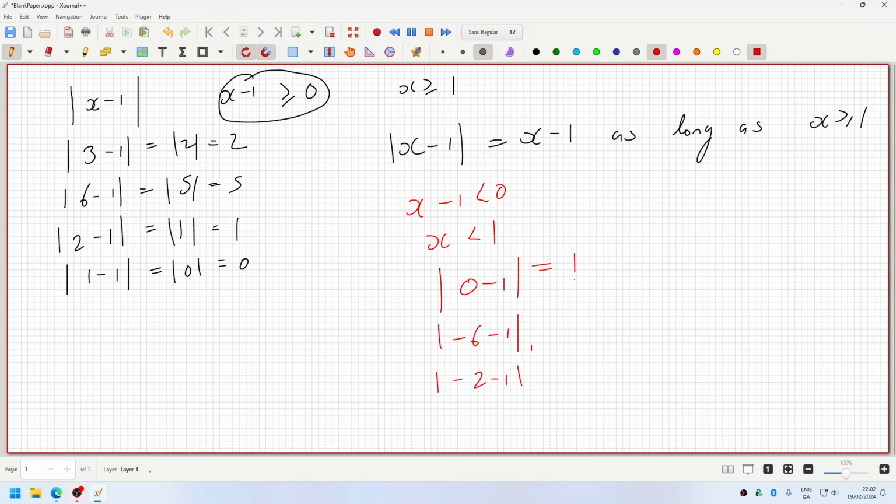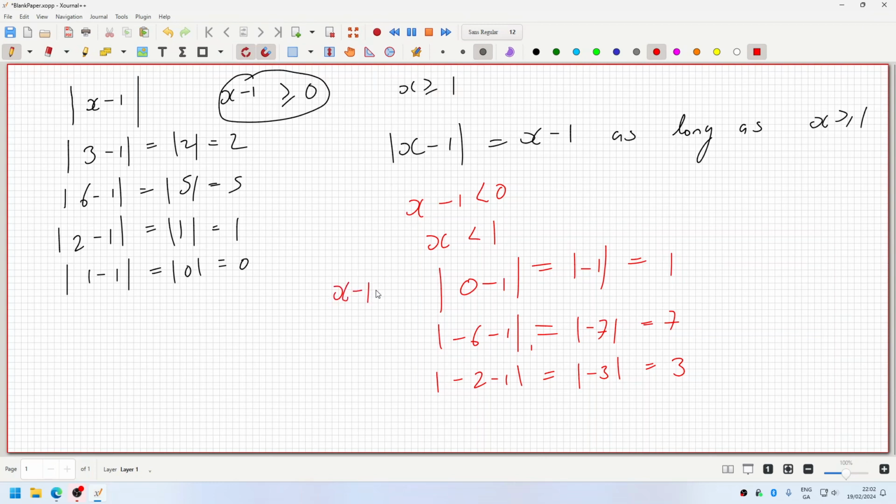That would be the absolute of minus 1. That would be the absolute of minus 7. And that would be the absolute of minus 3. And that would become 1, that would become 7, and that would become 3. In other words, it'd be the opposite sign of x minus 1.